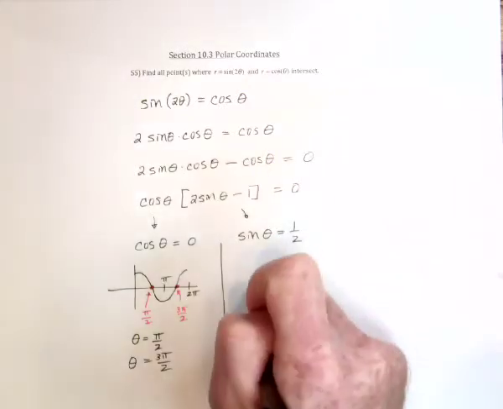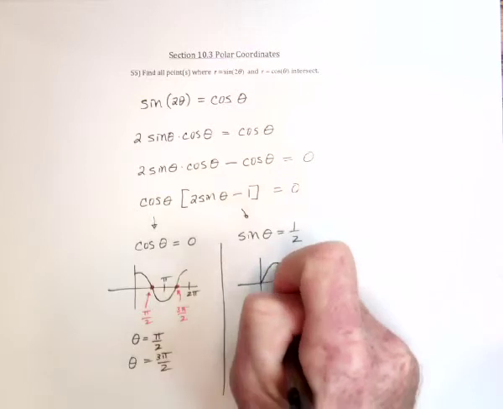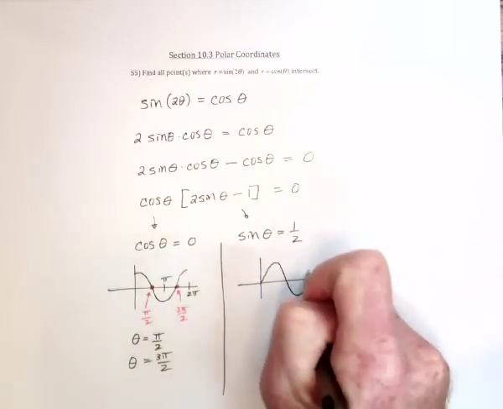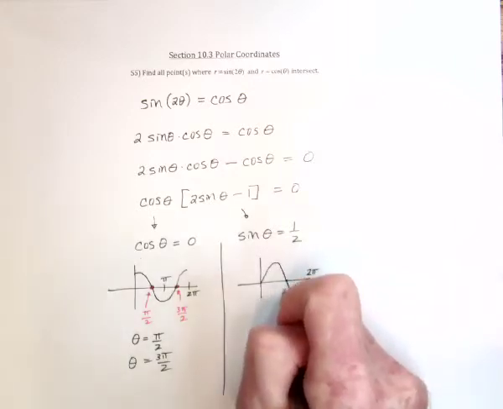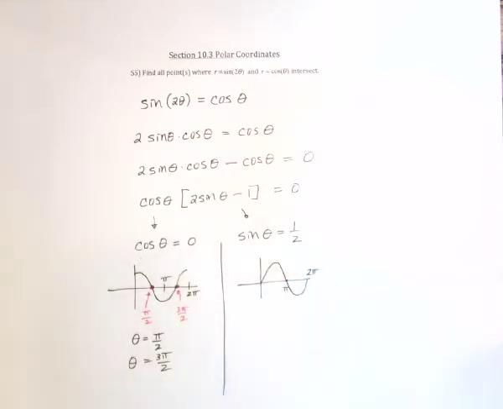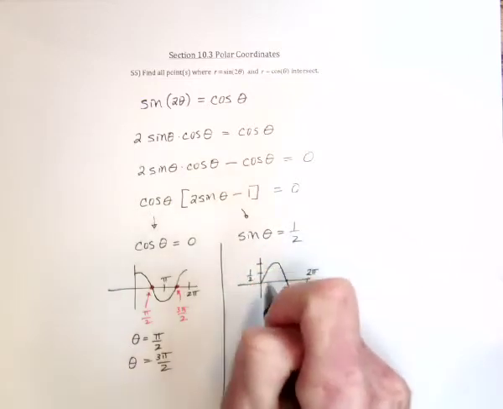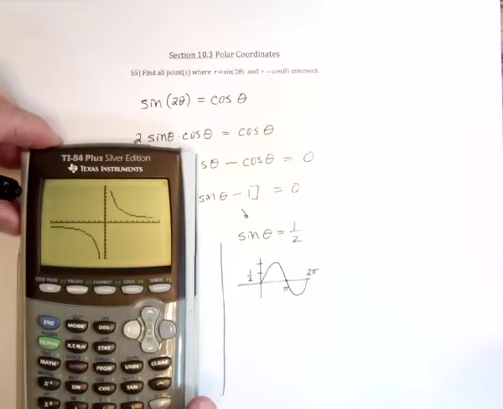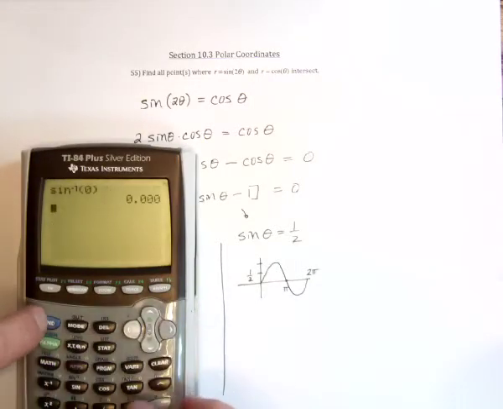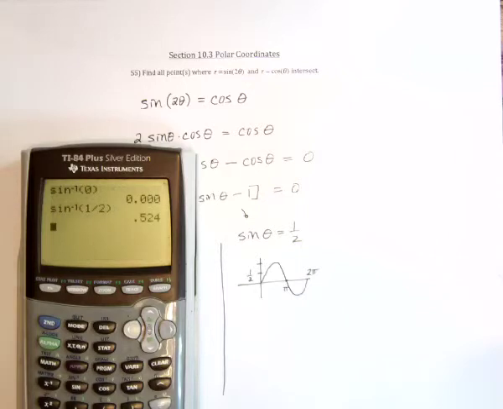For this one, it says take a look at the sine graph. And then, where is that equal to 1/2? So at the top would be 1, 1/2 would be right here. If you use sine inverse, take sine inverse of 1/2, making sure we're in radians, then it's going to be this decimal.